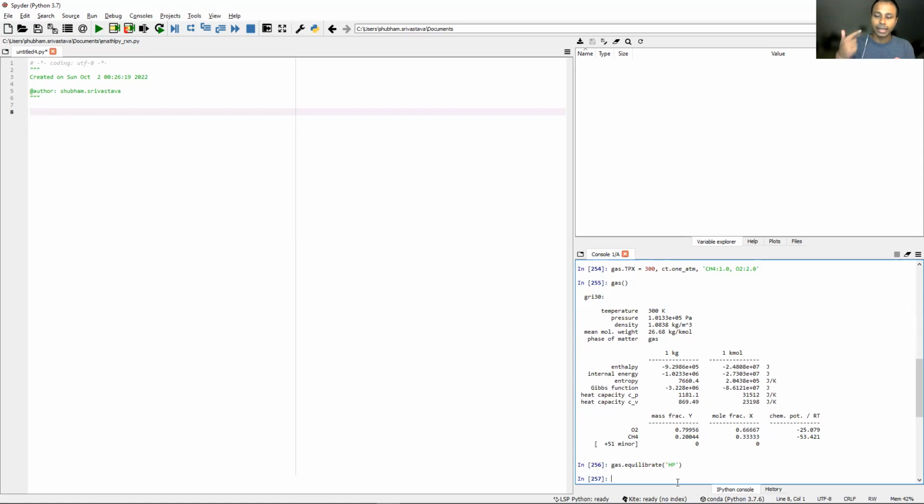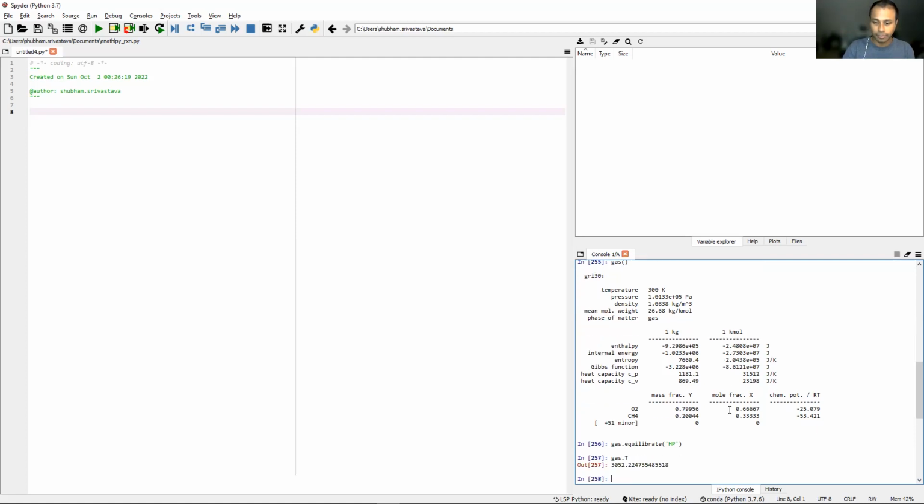So internally, Cantera has already calculated the equilibrium point. Now if we take a look, we had set the temperature of the system to be 300 Kelvin here. Now, if we take a look at the temperature after calculation of equilibrium, we just type gas.T. You see the temperature has risen from 300 Kelvin to 3052 Kelvin.